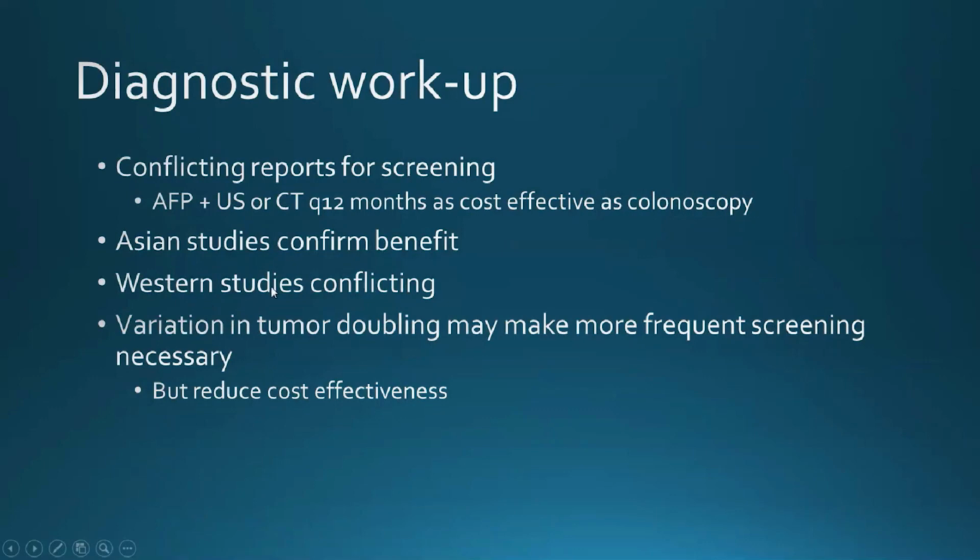In Western countries, because the incidence is lower, probably this is not a cost-effective method to follow these patients. And also the other parameter that we need to watch is the variation in tumor doubling time and the biology of the tumor, as some of these tumors grow really fast and some do not. And we have to follow these patients on a per case basis.